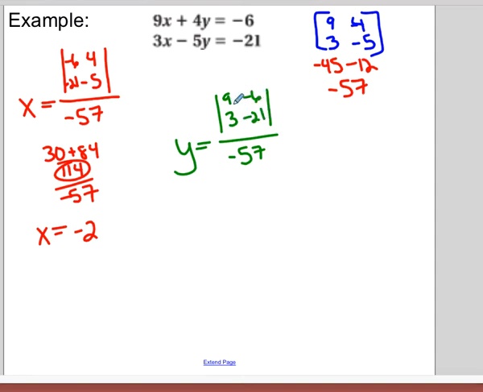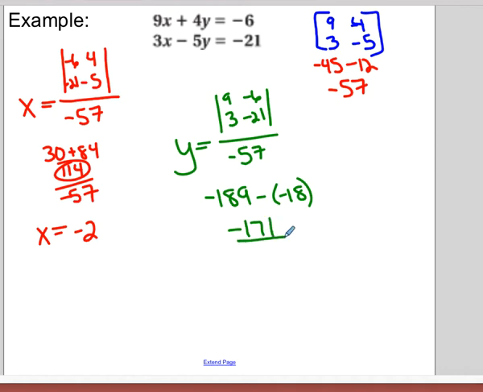And 9 times -21 is -189. And -6 times 3 is -18, and I'm subtracting that, so it's +18. So that's going to give me -171.